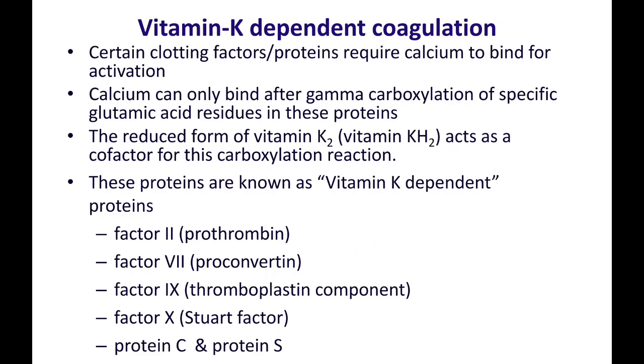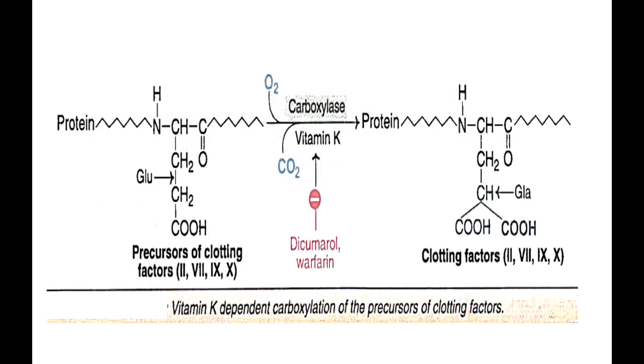These are gamma carboxylated and bind with the calcium in order to bind with the platelets and for formation of coagulation. Here you can see the structure of the amino acid glutamate present in the precursors of clotting factors, that is 2, 7, 9, 10.